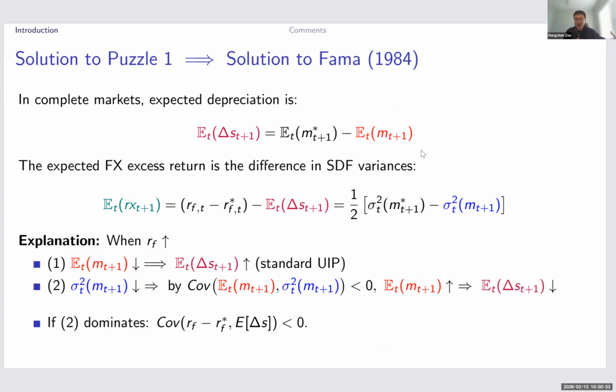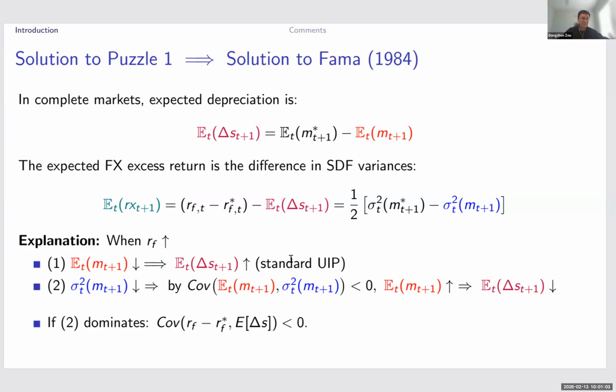What they were trying to do is give a solution to this Fama puzzle, and they realized that, wow, the domestic equity premium puzzle solution can be exactly applied to this currency premium puzzle. If I solve this risk-free rate puzzle with this negative covariance between the mean and variance of the SDF, I can also use this same tool to solve this Fama puzzle.